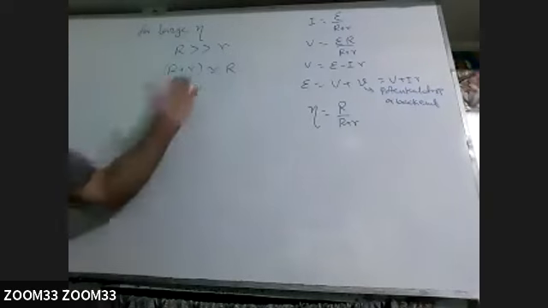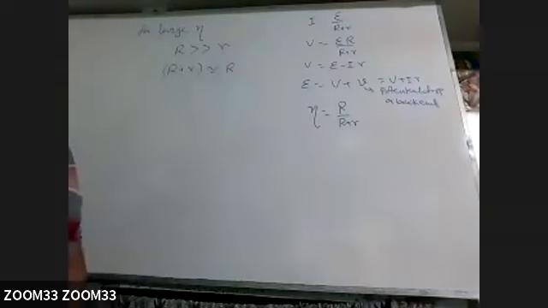So external resistance must be very high in comparison to internal resistance for larger efficiency. Nearly it will come 99% or 96%, 95%. For that, the external resistance must be very large.